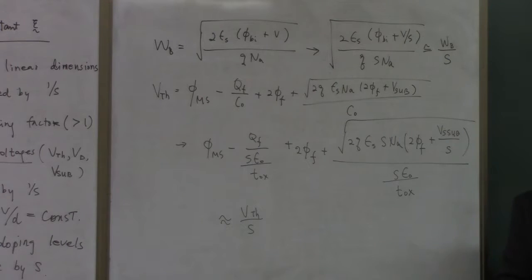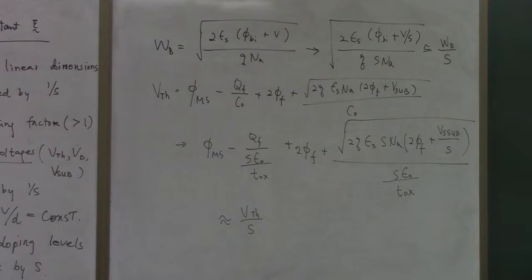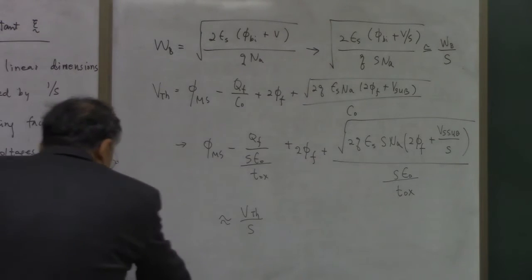This means when you scale down the device to keep the electric field constant, the threshold voltage is going to be reduced by the scaling factor S as well. Okay.